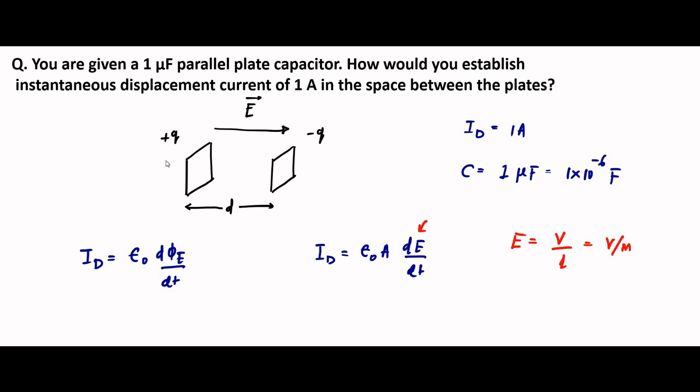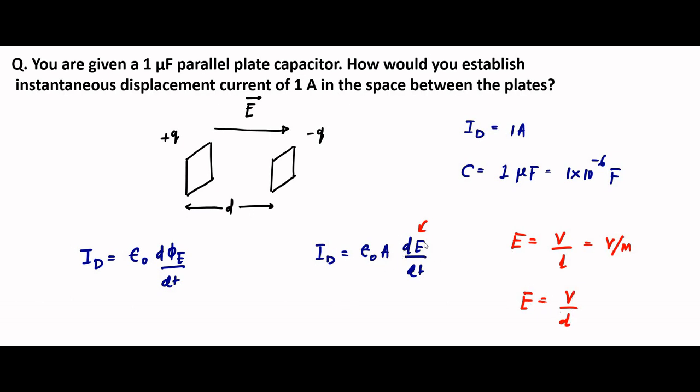So the electric field can be expressed as E equal to V by D, voltage per unit length. Why I am writing it this way, you will see.